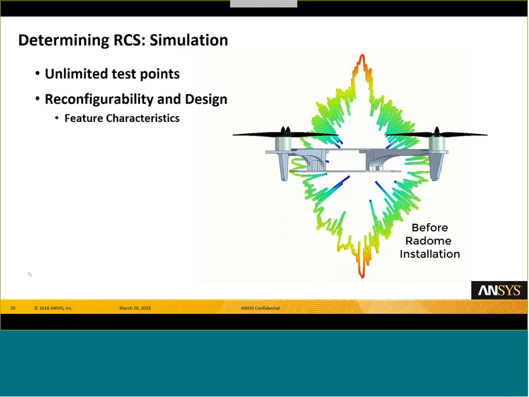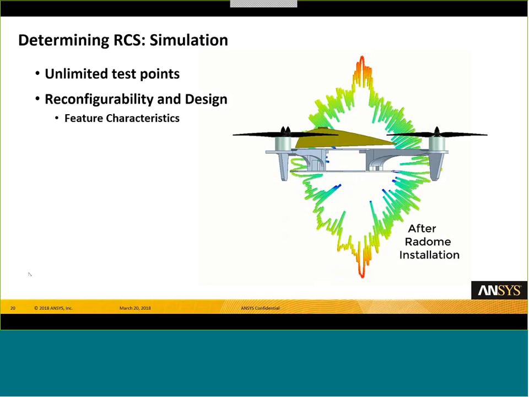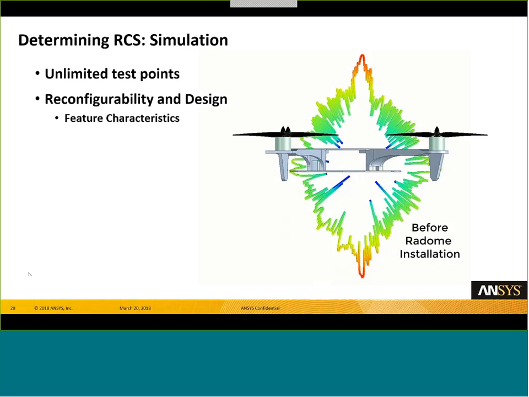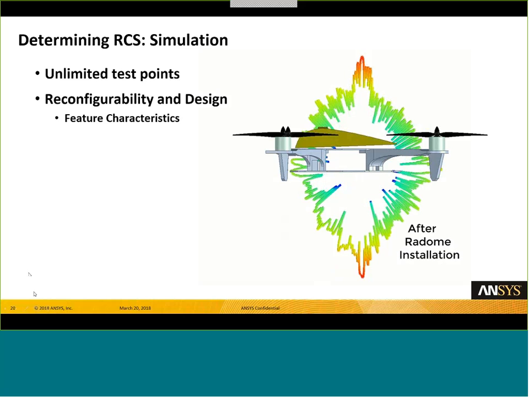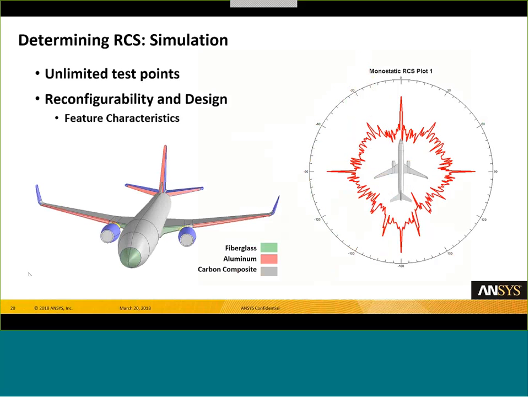The same goes for reconfigurability studies, where we want to understand maybe feature characteristics. So with an analysis, you have the ability to hot swap CAD models in a simulation without having to generate the actual physical prototype of interest for all these different test points. And that goes the same for material properties.